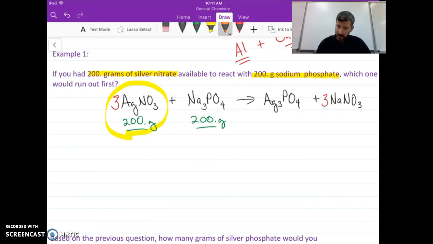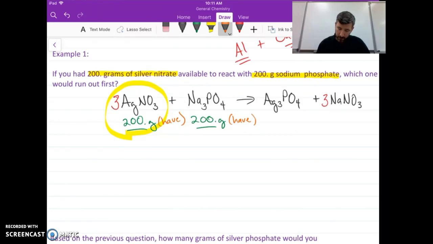Because this number is how much I have, and this is how much I have. But one of them is going to run out, and so we have to figure out which one it's going to be. So I'm just going to pick at random. It doesn't matter which one I pick. I usually just pick the first one, and I'm going to convert it to grams of the other reactant. I'm not worried about products at all right now. I'm just looking at the two reactants.